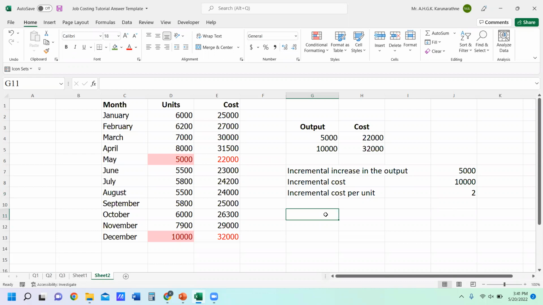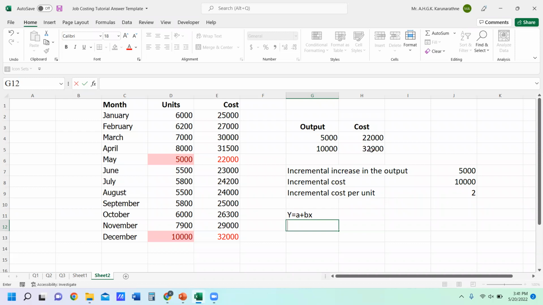So we have our original basic formula: Y equals A plus BX. Here we want to find out A. We know B. B is the variable cost, or marginal cost, or the slope of our curve. It is 2.